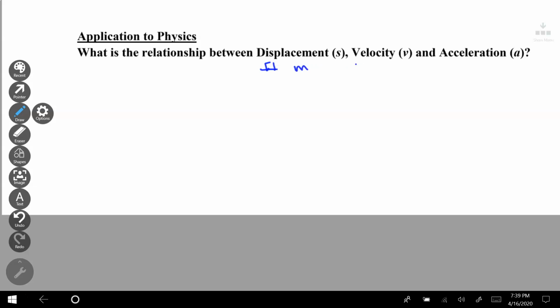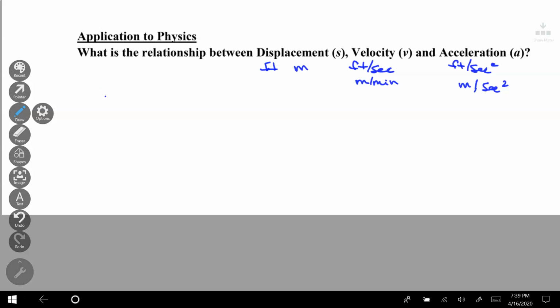Velocities would be like feet per second, meters per minute, and acceleration would be feet per second squared, meters per second squared. Those would be its measurements, and as you could tell, displacement is a length, velocity is its derivative because it's a rate, and then acceleration is the rate of the rate.